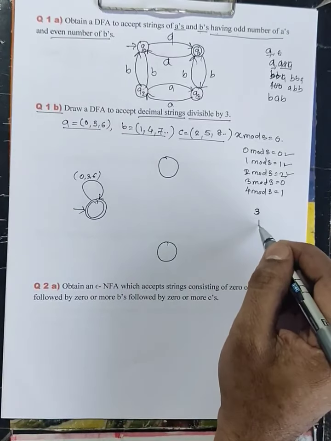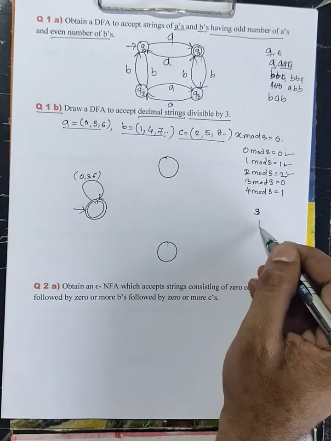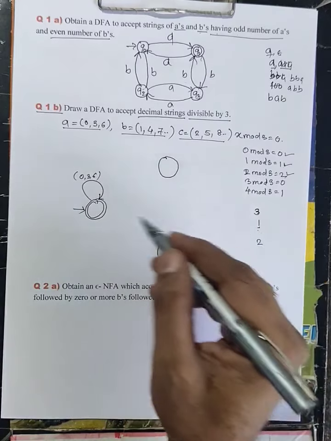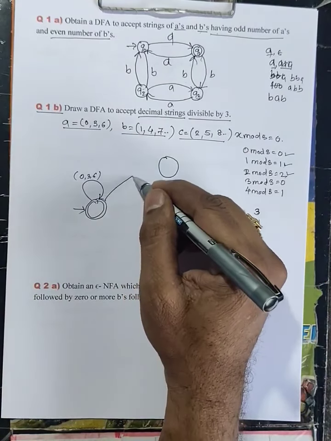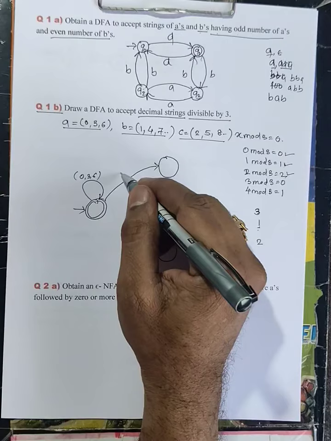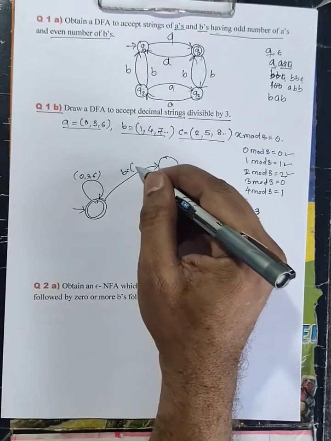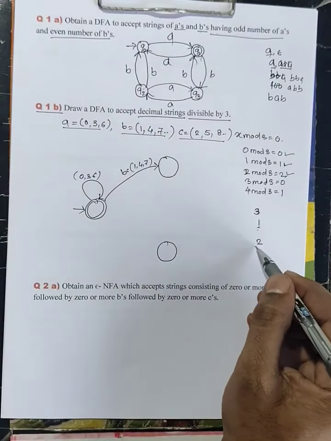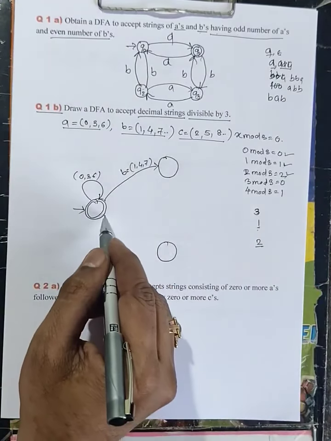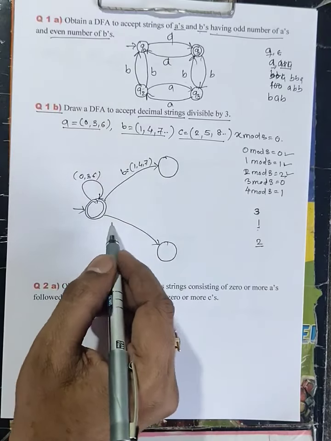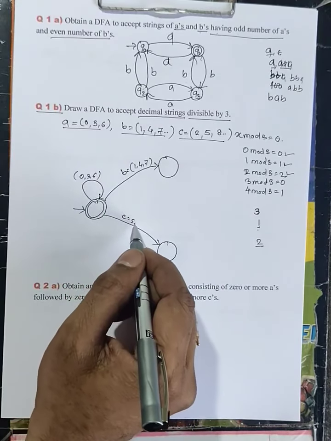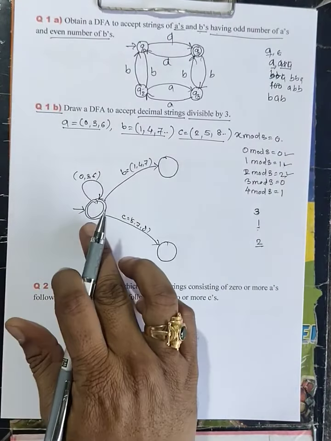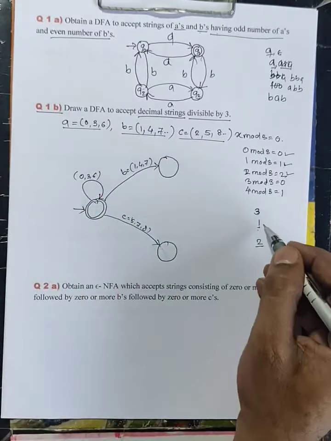Next, suppose the integer number is 1. For this the remainder is 1, or for 2 the remainder is 2. If the remainder is 1, this is B, or 1, 4, 7. Or remainder 2, when the string is 2, then we'll get remainder 2, which means this is C, for 2, 5, 8.